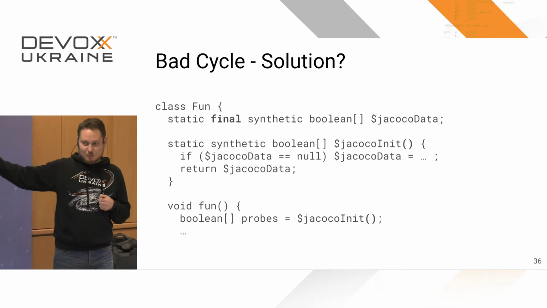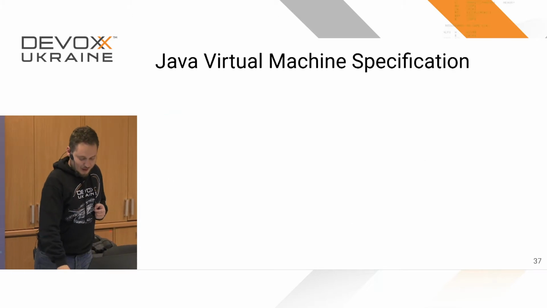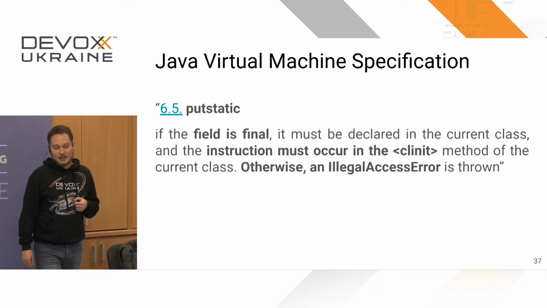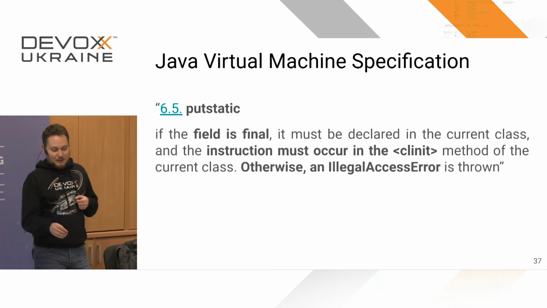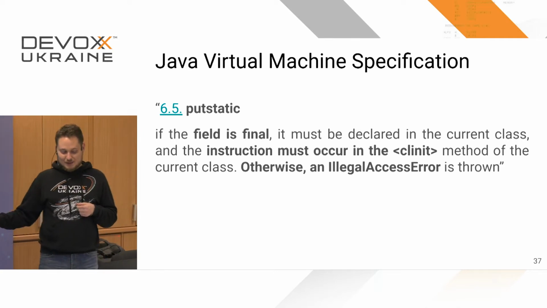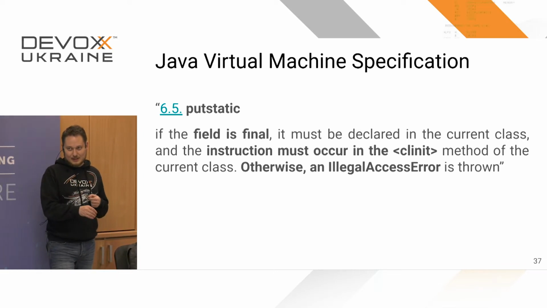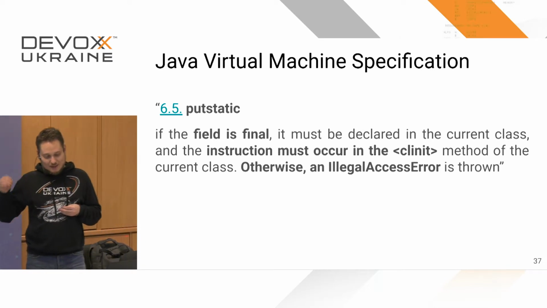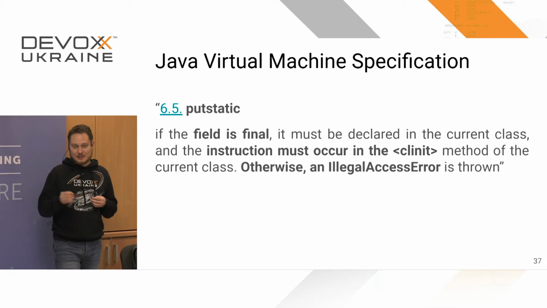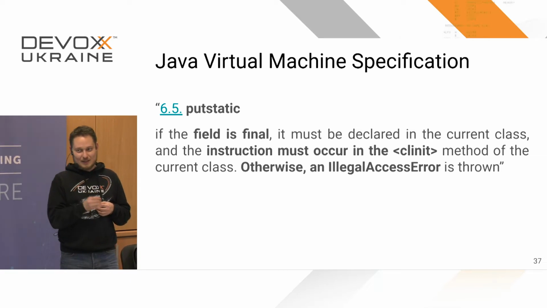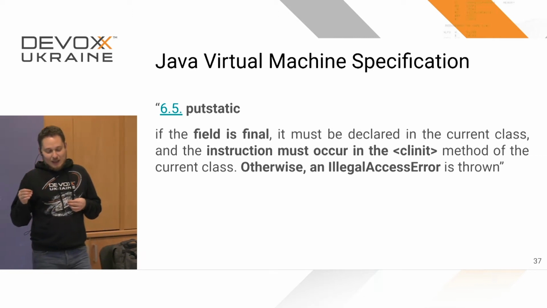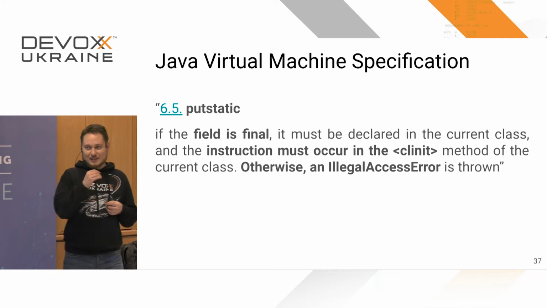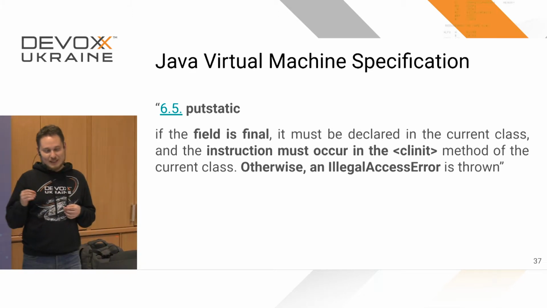So we do use the putstatic bytecode instruction to write into this field, and Java virtual machine specification says, as soon as you have a final field and you use putstatic, then this putstatic must only occur in a so-called clinit method, a special method which is reserved for static initializers. Otherwise, illegal access error happens. So you could write into static final only from static initializers.